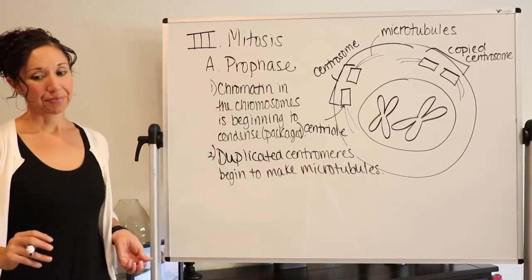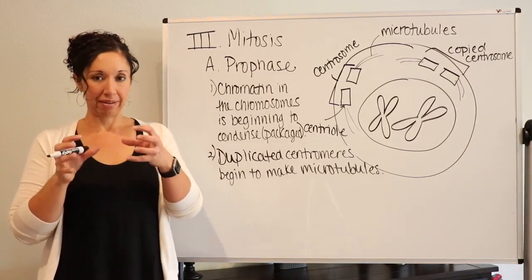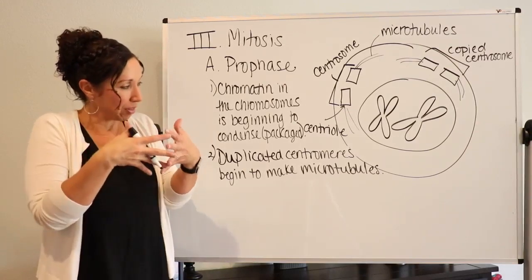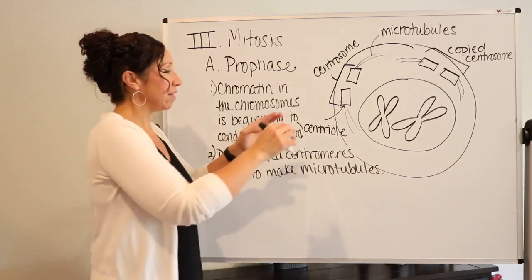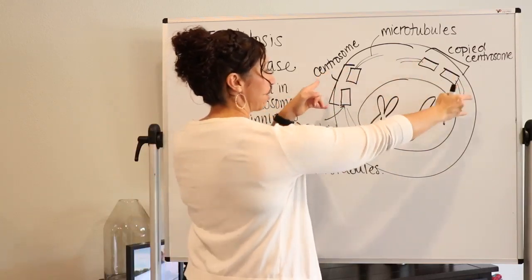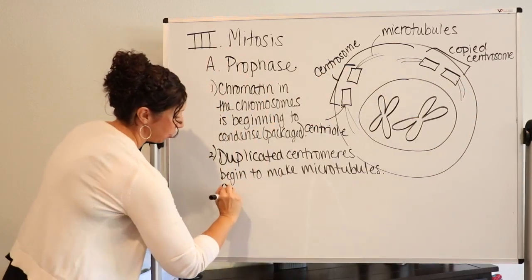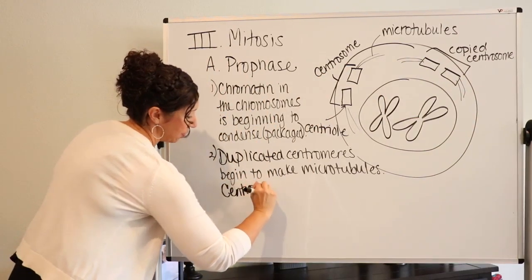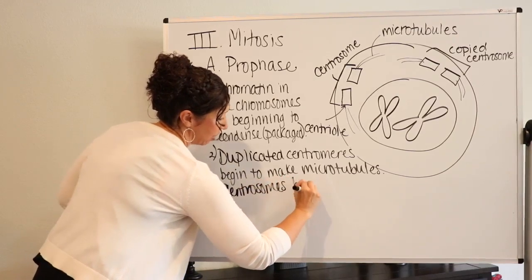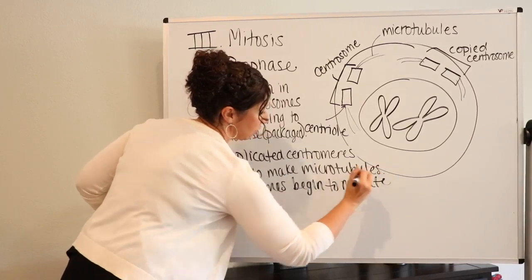And what's happening is, as the microtubules begin to lengthen and you're making more and more, the microtubules are getting longer, the centrosomes, the pair of centrioles, are starting to migrate to opposite poles of the cell.